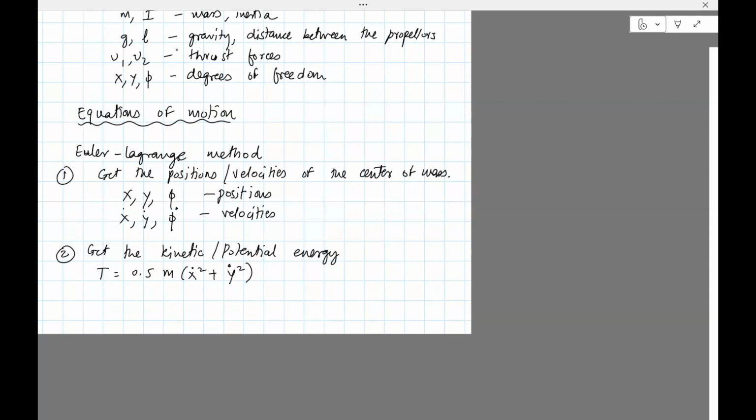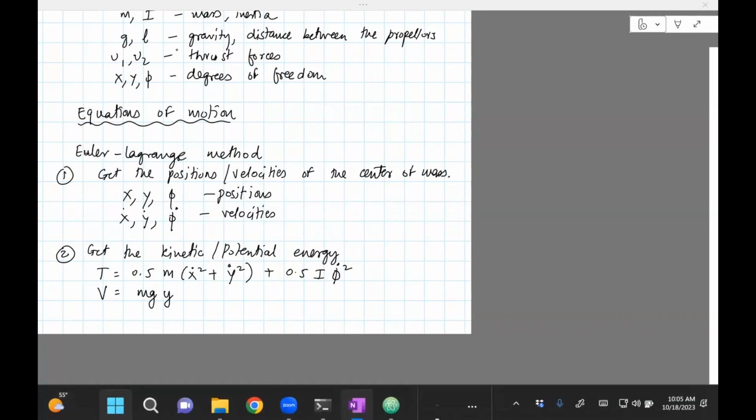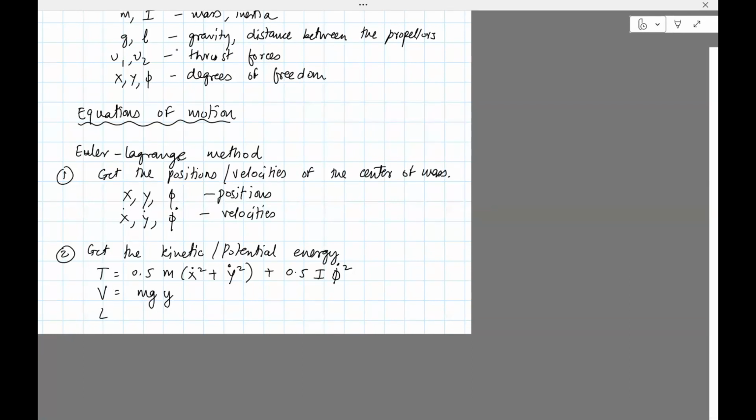Okay, but that's only the energy associated with translation. There is another piece associated with rotational motion, that's half I omega squared. Omega here is phi dot, and so phi dot squared. The potential energy is simply m g y, and then the Lagrangian is T minus V. Okay, so far so good. It's fairly straightforward.